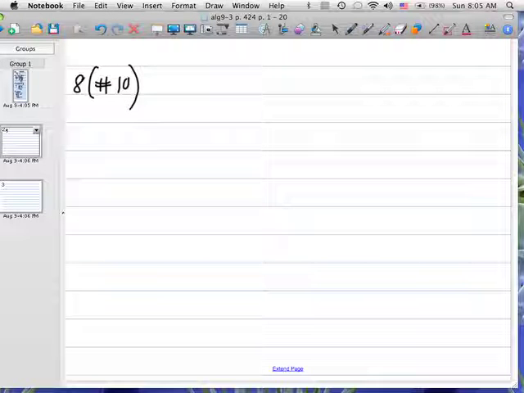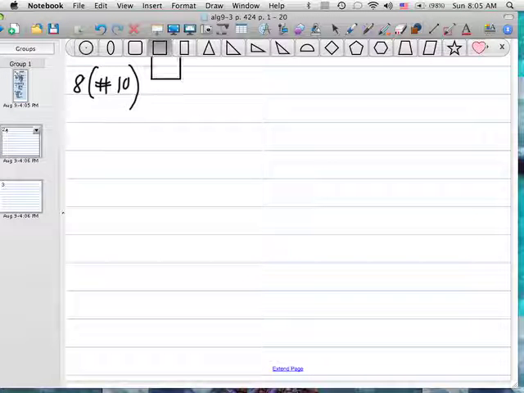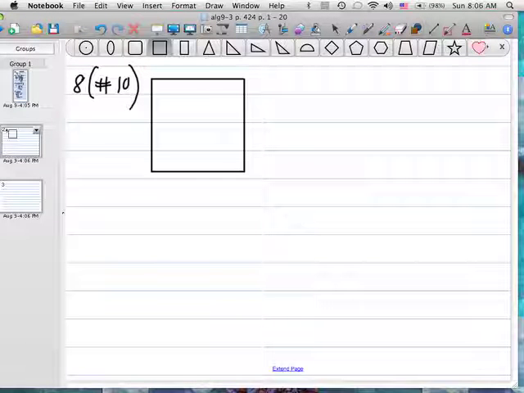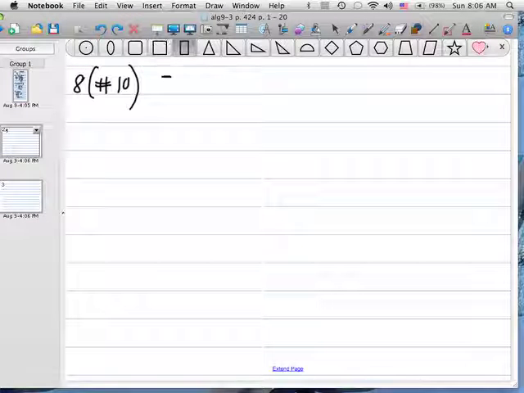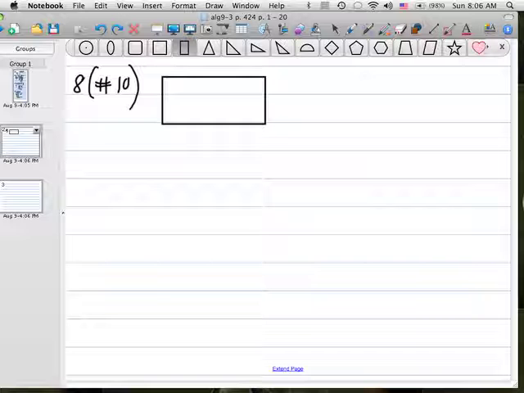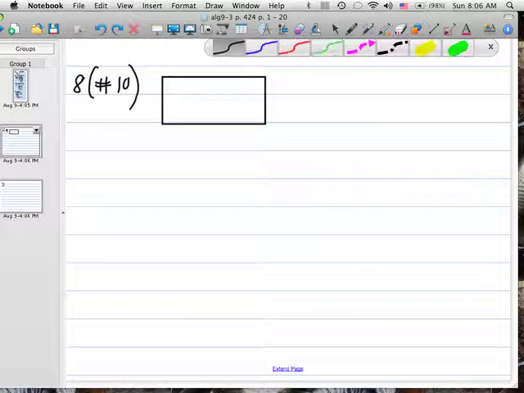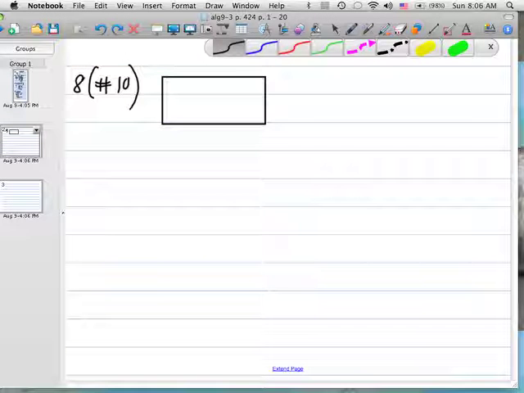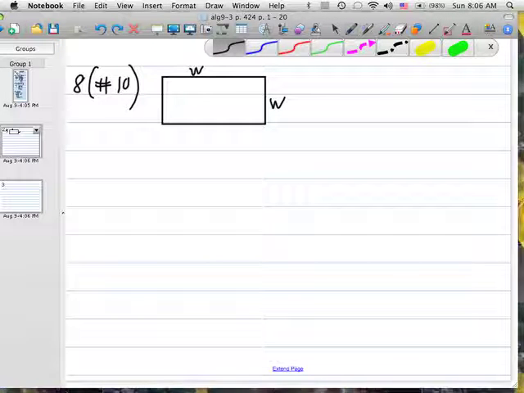Number 10 says the length of a rectangle is 5 centimeters less than 3 times its width. If the perimeter is 70, find the dimensions. So if we use W for the width, then the length of the rectangle is 5 less than 3 times the width.